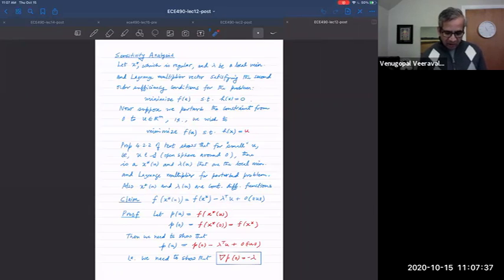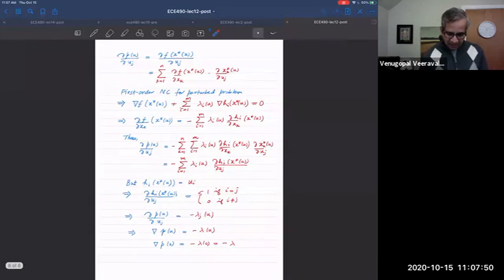So if you look at the rate of change of the optimum value, that rate of change is the negative of the Lagrange multiplier, right?